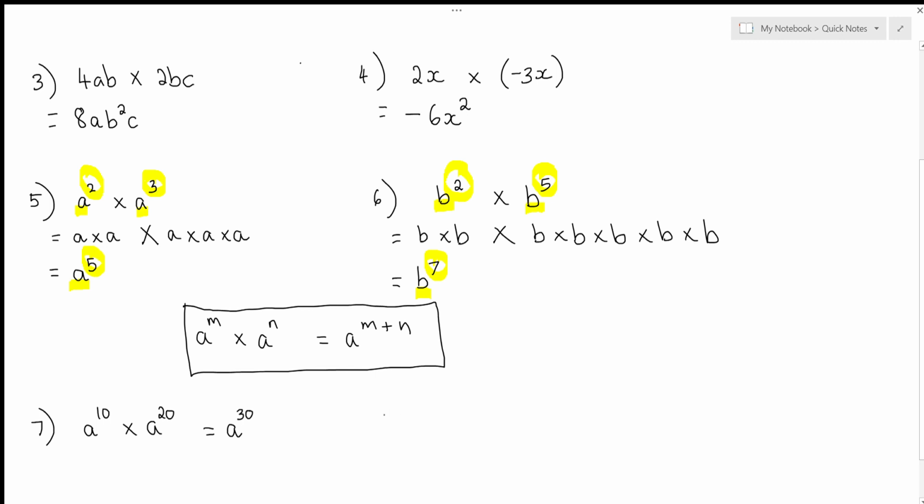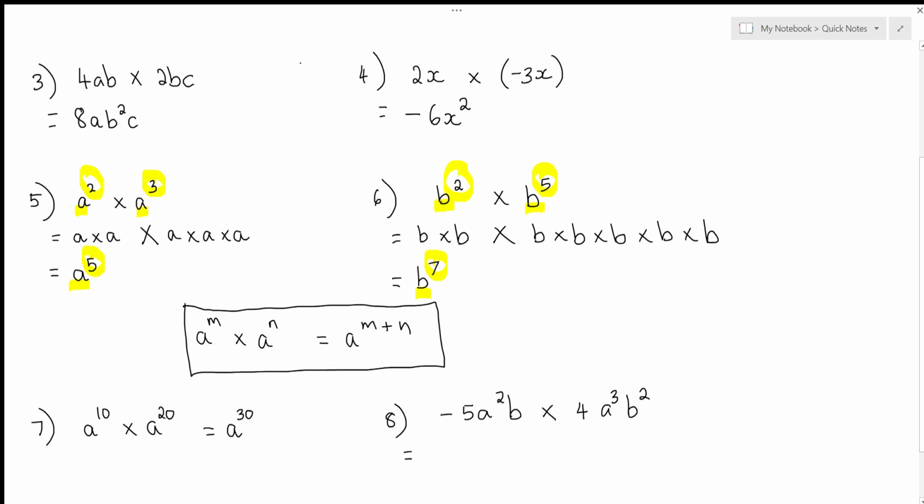Okay, now we're going to go a little bit further and mix them all up. So if I had negative 5a squared b times 4a cubed b squared. Right, I would start with my signs first.